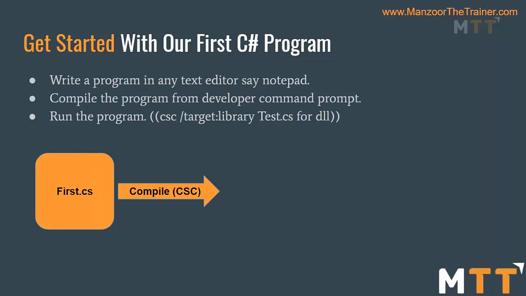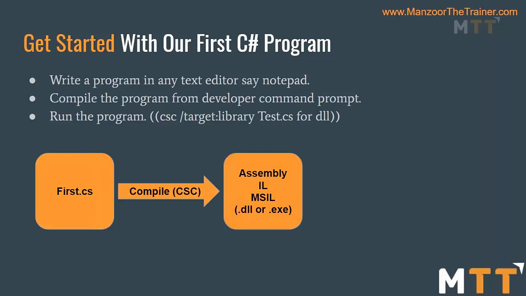Whenever we compile the program, we get the code which is ready to execute. Whatever code we get after compilation, we call it assembly or intermediate language or Microsoft intermediate language.